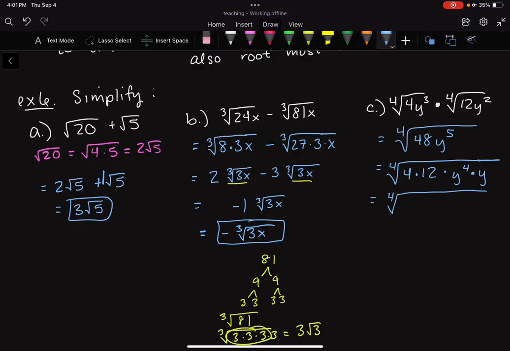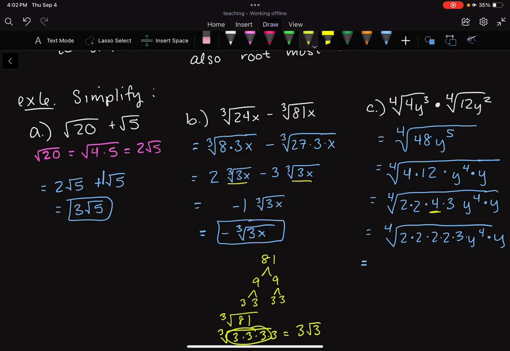All right, let's see. 4 can be written as 2 times 2. 12 can be written as 4 times 3. Okay, I'm getting somewhere because then I can break that 4 up again. So I have 2 times 2, and I'm breaking up this 4 again. So I'm going to do 2 times 2, and then I have 3, y to the 4th times y. So hopefully y'all can see what I tried to do there.